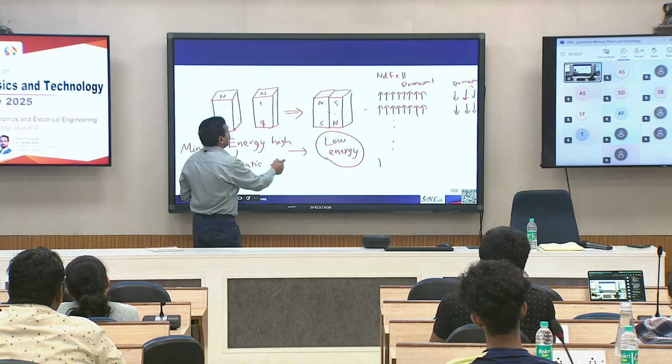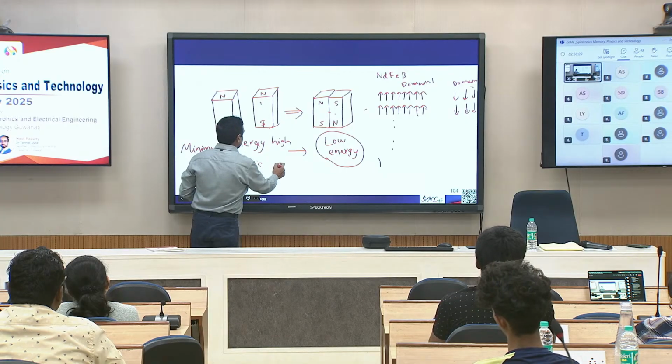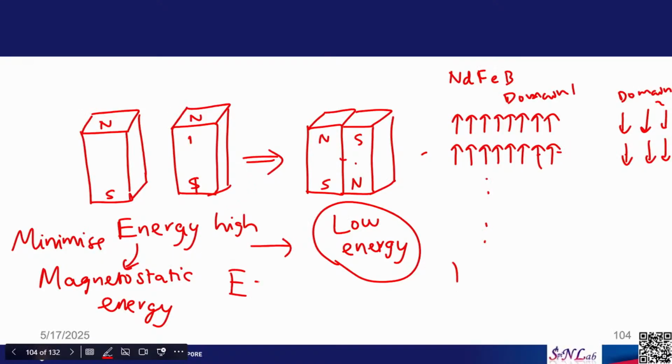So, we learned that the Heisenberg interaction states that the neighboring spins have to be parallel. So, this is S1 S2 cos theta, and theta has to be 0, right.